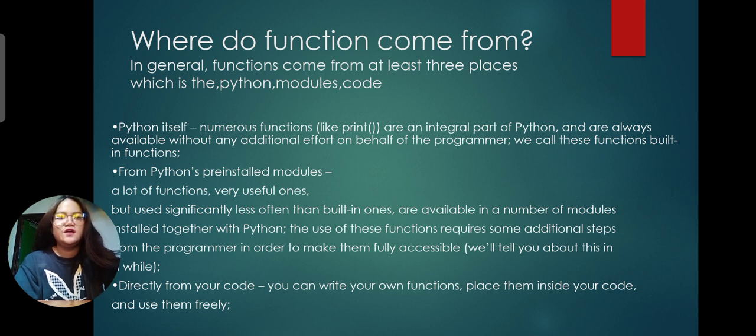We call these built-in functions. From Python pre-installed modules, a lot of very useful functions, but used significantly less often than built-in ones, are available in a number of modules installed together with Python. The use of these functions requires some additional step from the programmers in order to make them fully accessible.